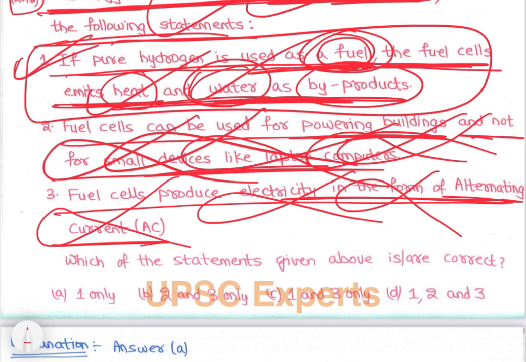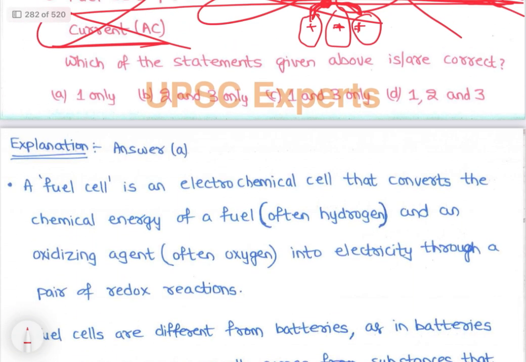We have seen in the video also. So जब hydrogen, oxygen, hydrogen positive charges इधर move होती हैं, negative charges they move in the electrode, so they generate direct electricity, not alternating electricity. So which of the following statements are correct? That is one only. Option A is the answer.